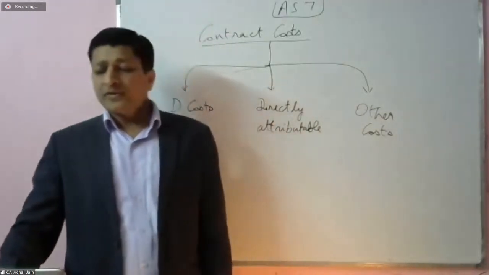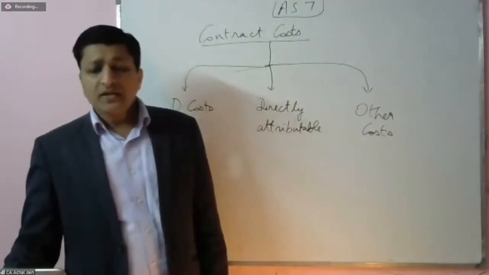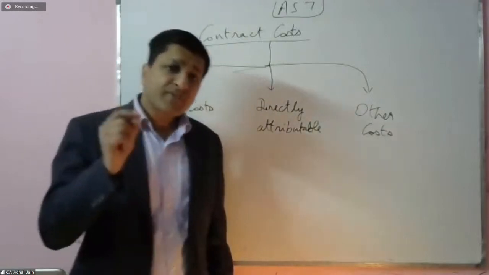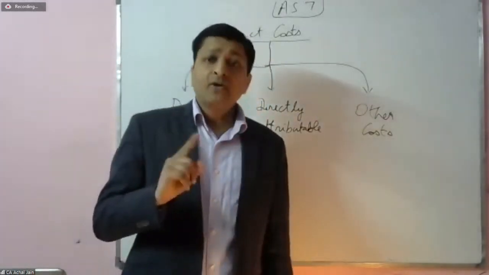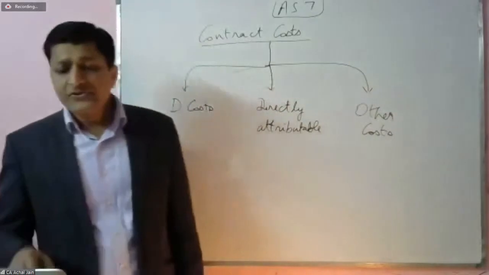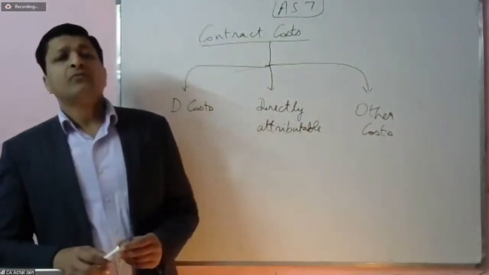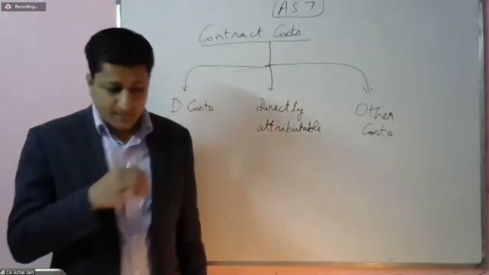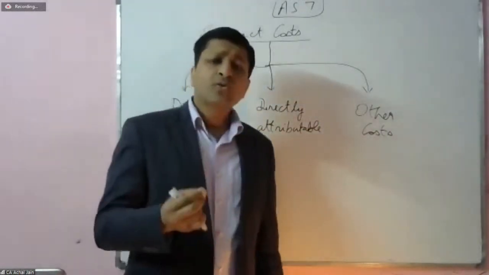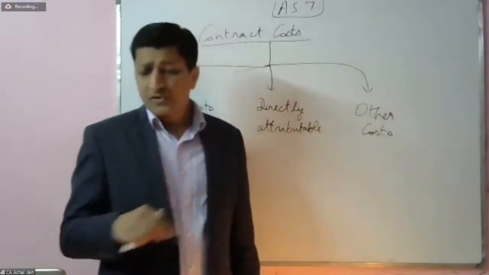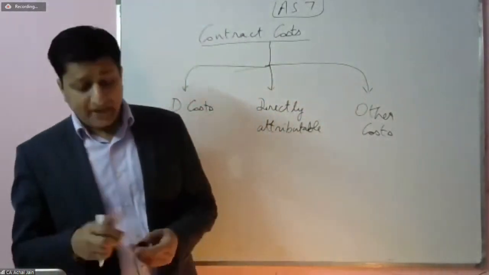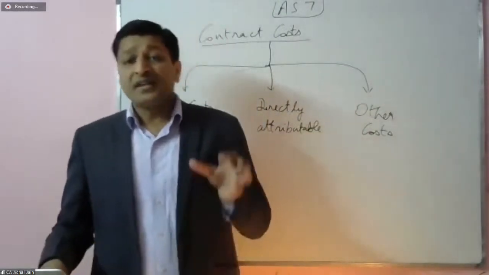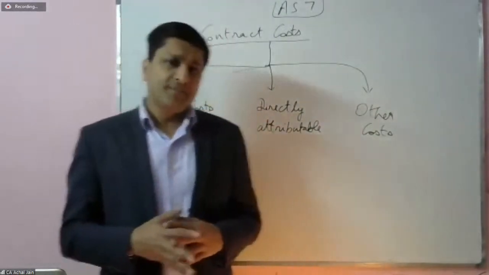At every point of time, we need to understand that the cost should be specific to the project. We are not looking at costs which are general in nature, which are not specific to the project. There could also be certain costs which are incurred in relation to the project, but which have nothing to do with the construction activity.